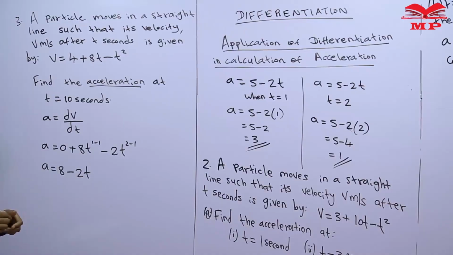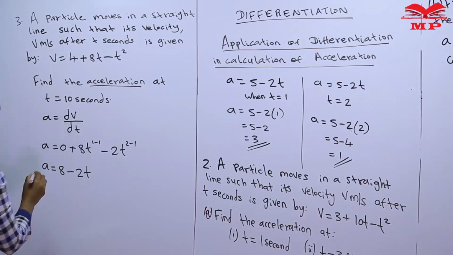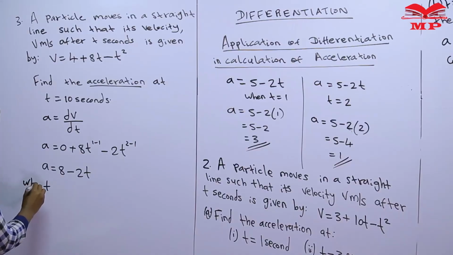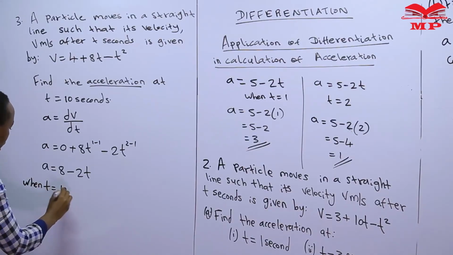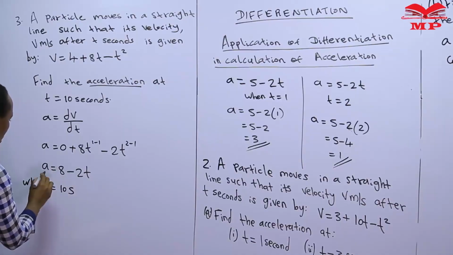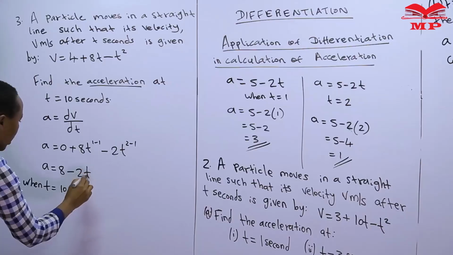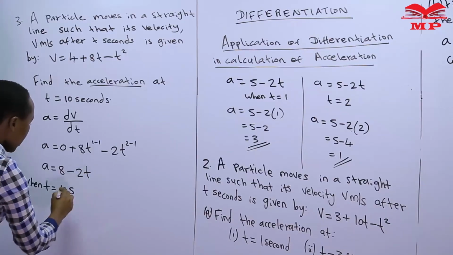That is the acceleration. And therefore, we now want to get the acceleration at this instant when t is 10 seconds. So we are going to substitute t with 10 seconds.